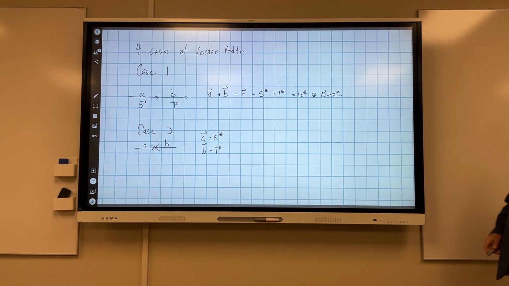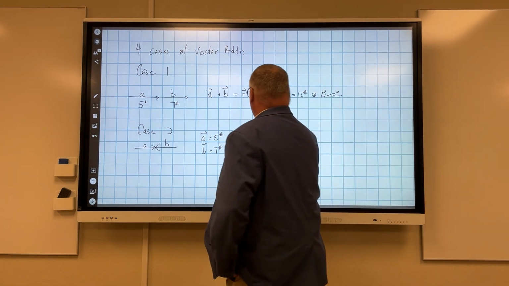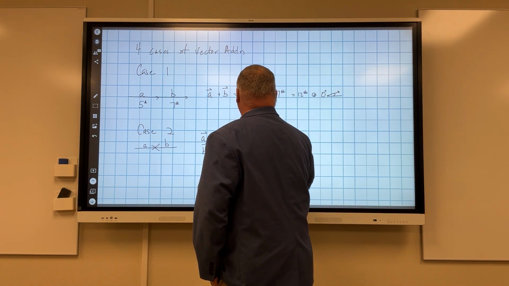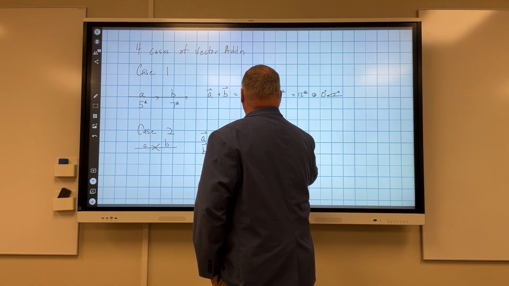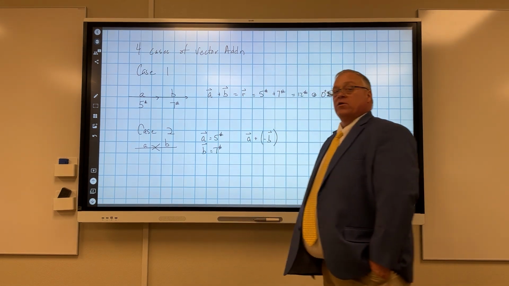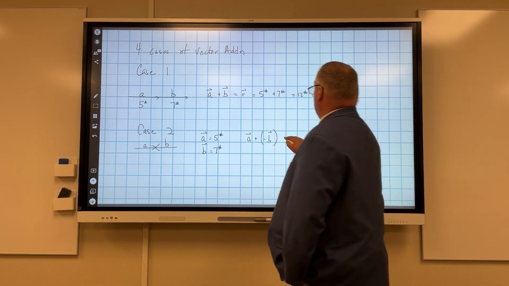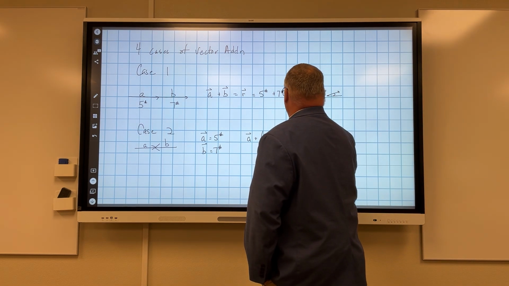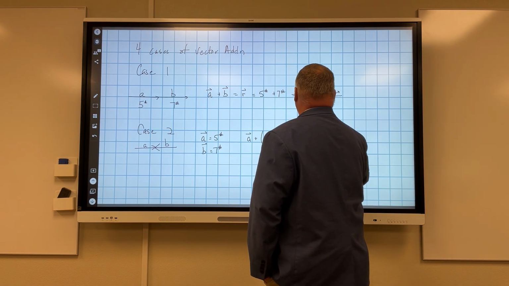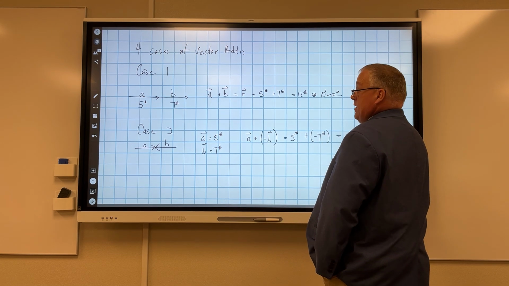Okay, so what we're doing here is we're adding vector A plus a negative vector B, because we're still summing our vectors. Okay, so that means we have 5 pounds plus a negative 7 pounds, which gives us what?